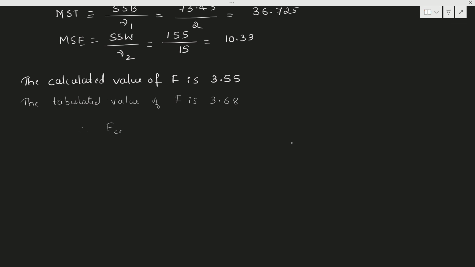Therefore, F calculated is less than F tabulated, that is 3.55 is less than 3.68, at 5% level of significance for (2, 15).